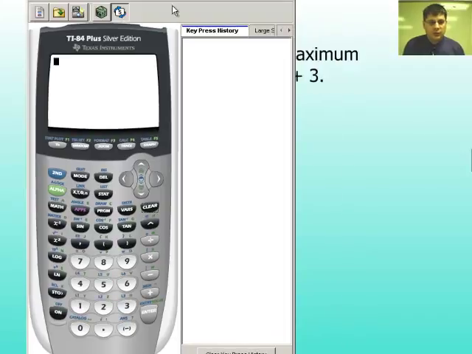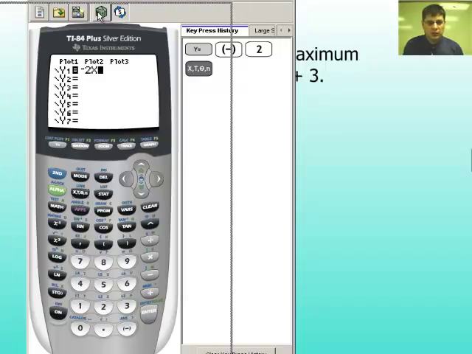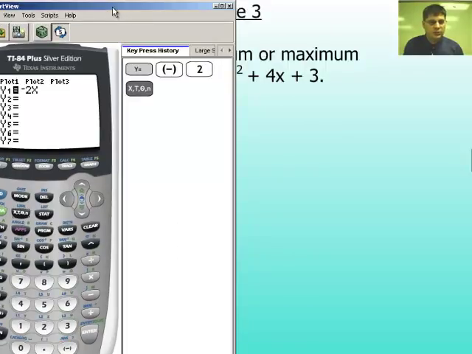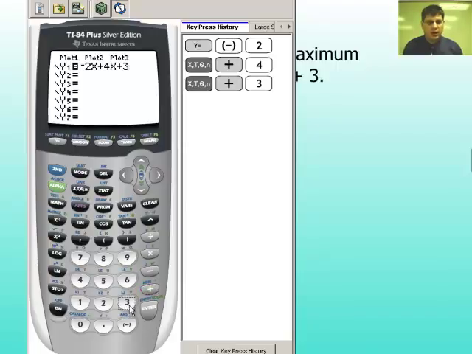So the first thing I'm going to do is graph the equation. So negative 2x, and what was it? Plus 4x plus 3.